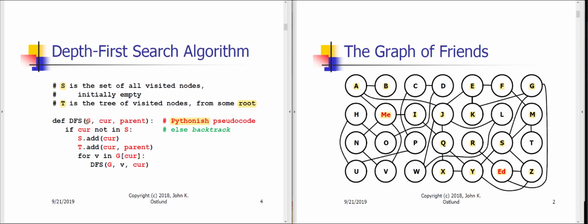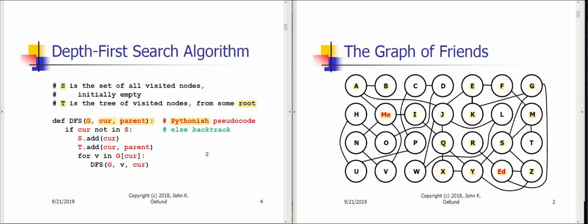And here's our depth-first search algorithm. The arguments are the representation of the graph, as we've had in the previous lecture. That is, the graph is a dictionary mapping each node to its directly connected nodes in alphabetical order. We specify the current node that we want to do our search from, and the parent from which we arrived at that current node.